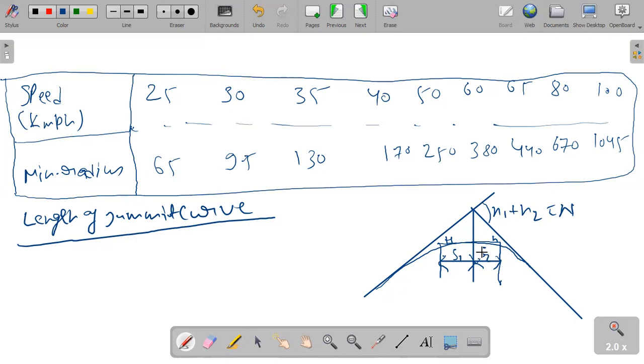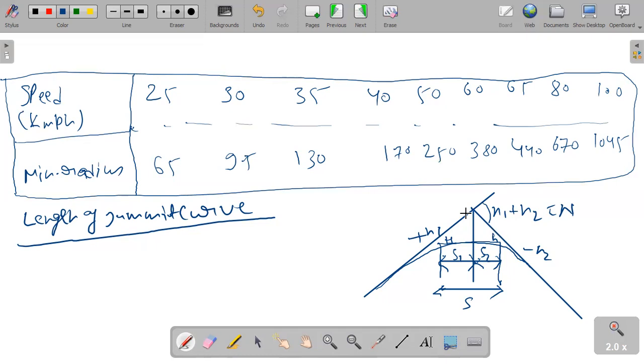S1 plus S2 is complete, this whole is S. This is small h.